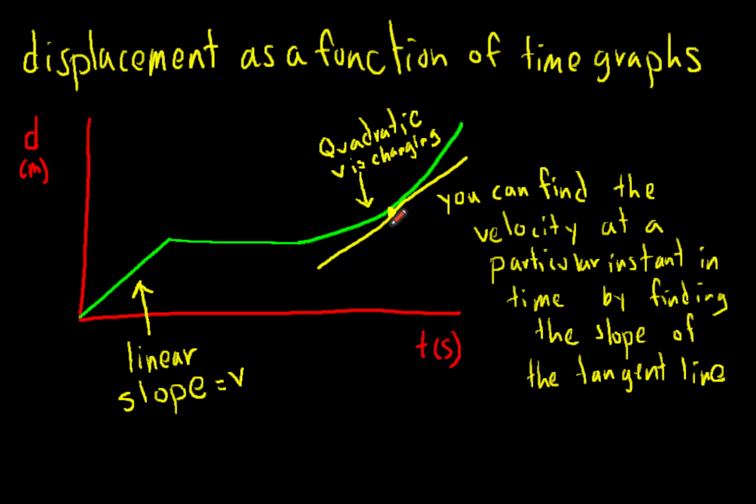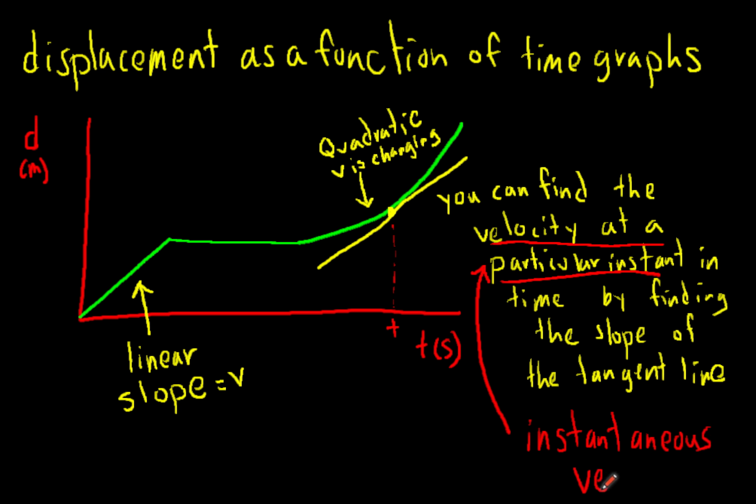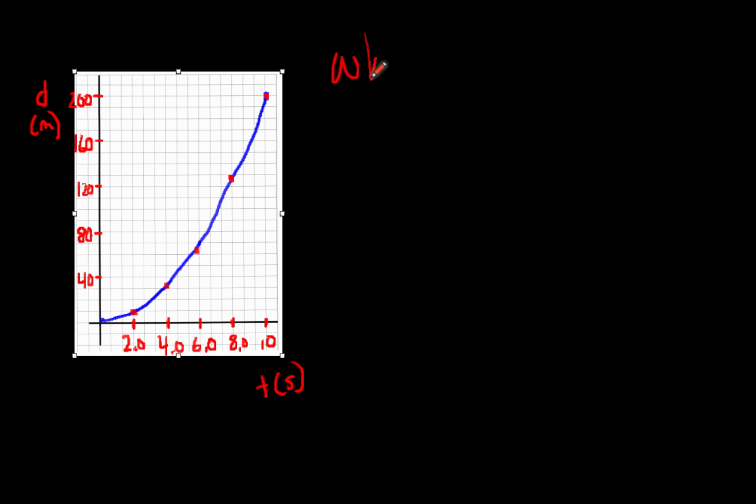So for the tangent that I've drawn onto this graph here, we can find the velocity at that instant in time. We call this velocity at a particular instant the instantaneous velocity. And you can find this instantaneous velocity by calculating the slope of the tangent line at that point.